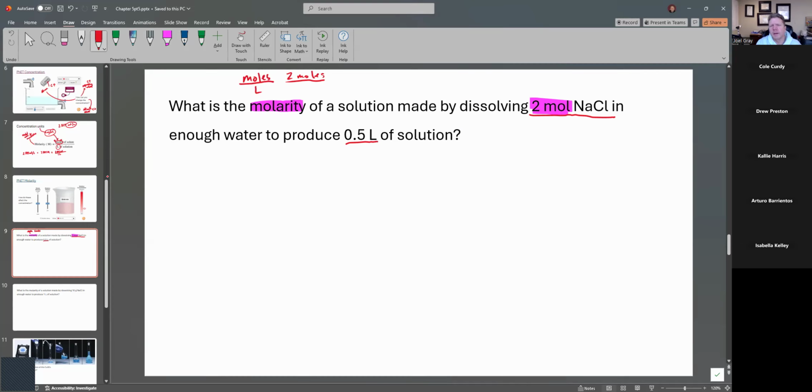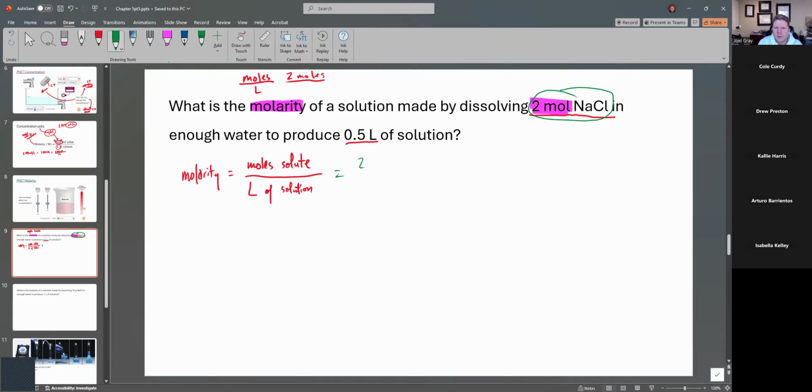Okay, so I'm going to write my definition for molarity. Molarity is equal to moles solute divided by liters of solution. Now, in order to answer this question, we have to find what is our solute. Well, that is 2 moles of NaCl. Our solute is NaCl.